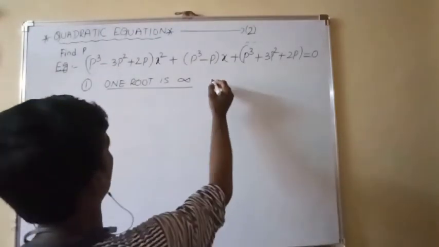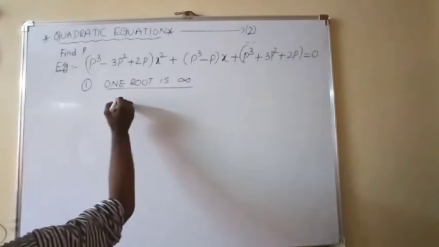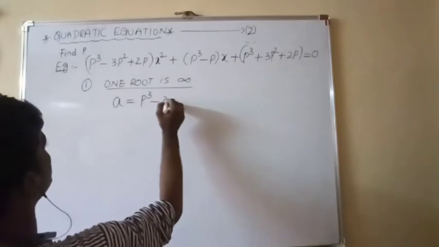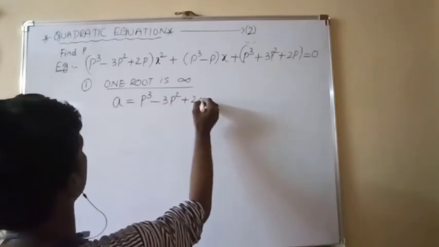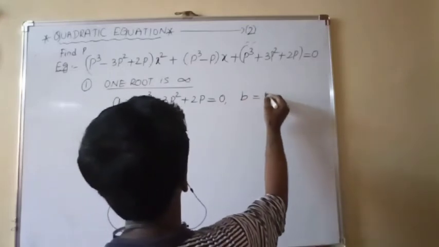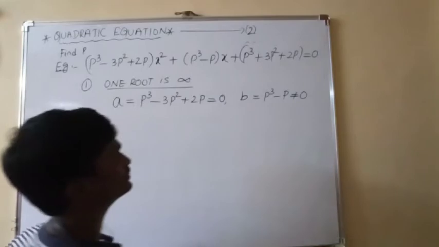So a value 0, b value not equal to 0. A value 0 means a is equal to p cube minus 3p square plus 2p, which should be 0, and b, p cube minus p, should not be equal to 0.